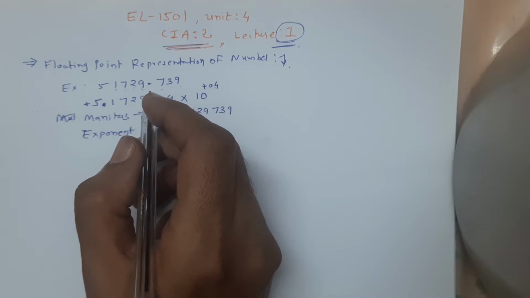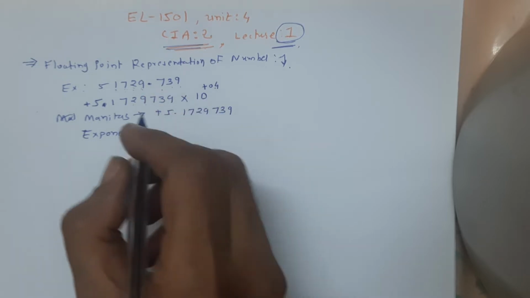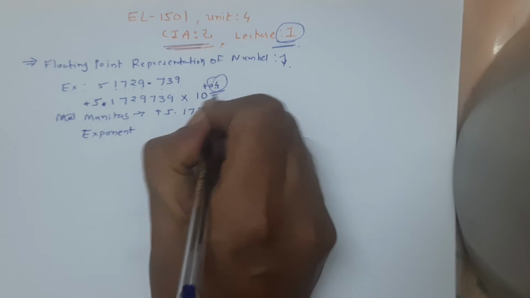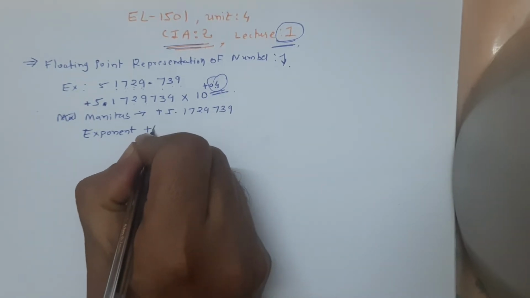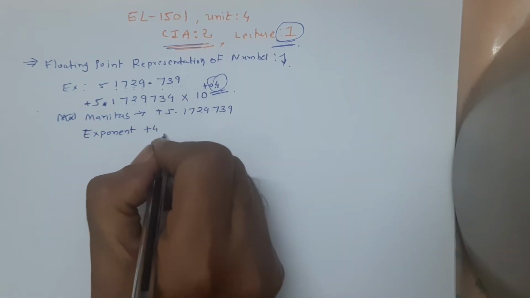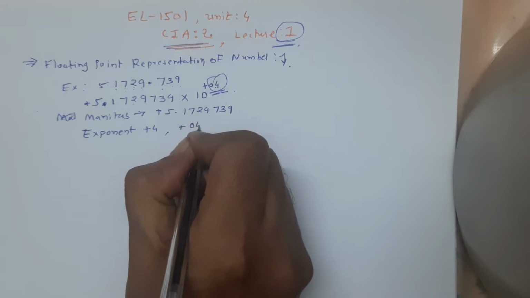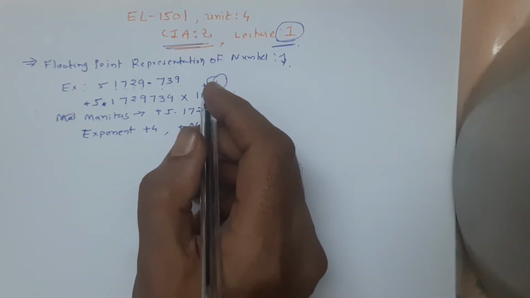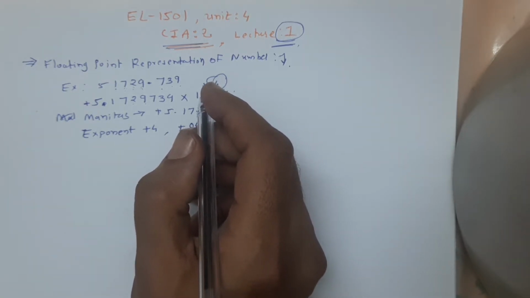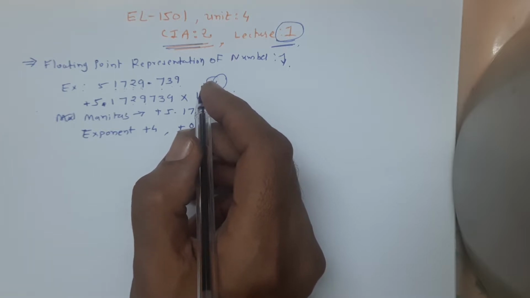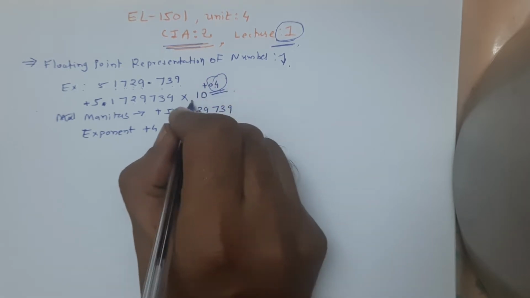Here the exponent is plus 4, or plus 04. The mantissa is considered to be a fixed point fraction. This representation is equivalent to the number expressed as a fraction times 10 raised to an exponent.